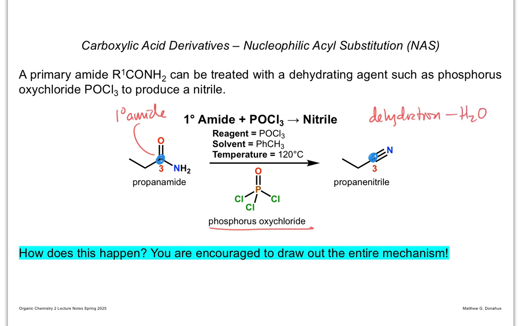Overall, you're dehydrating the primary amide to make a nitrile. So even though it's not a nucleophilic acyl substitution, you're still conserving the oxidation state 3.